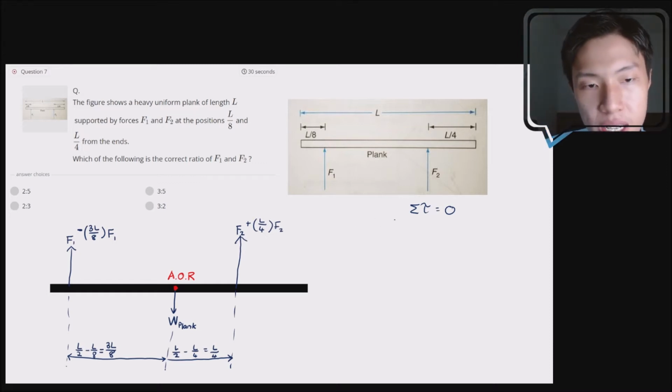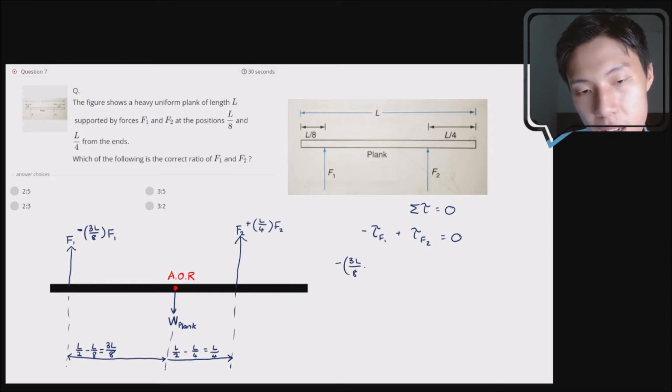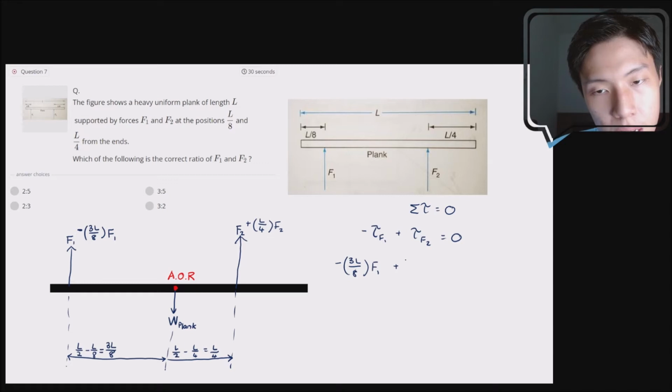So you know that this sum of torque here will be made up of a negative torque due to force 1 and a positive torque due to force 2. Therefore, it will be negative 3L divided by 8 force 1 plus L over 4 force 2.